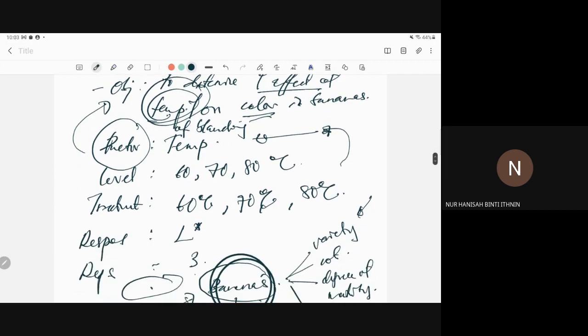And how do we determine the effect? Then we have to vary the temperature. So we have the levels over here.